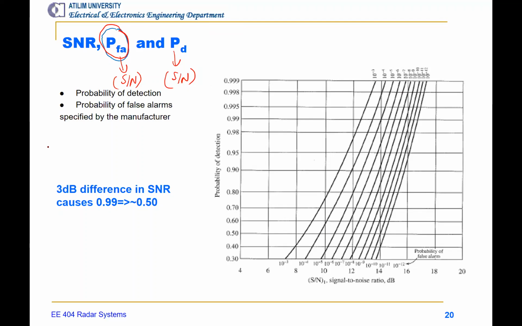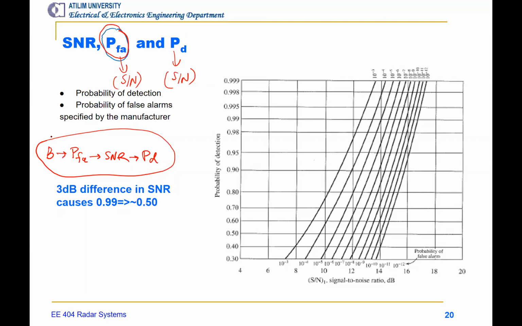Okay, so we have to be careful. We got bandwidth, we got probability of false alarm, we got SNR, and we got probability of detection. All are interrelated. We cannot take one out and use the others if there is a signal. If there is no signal, just noise, then we can talk about probability of false alarm and ignore probability of detection. If there is a signal plus noise, which is the case in every radar system, then we have to think about all these 4 parameters together.